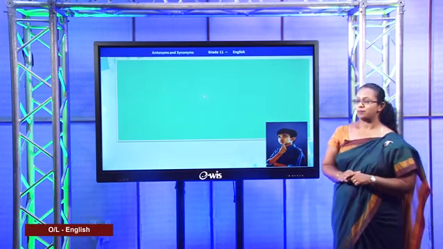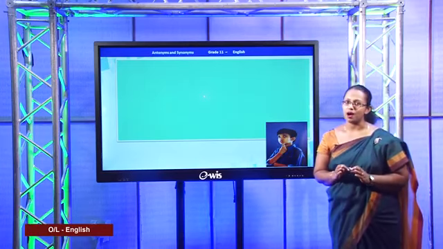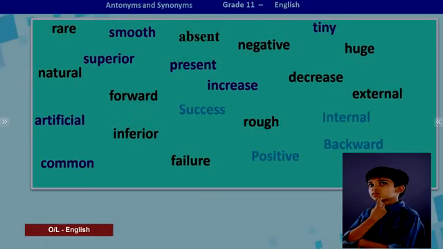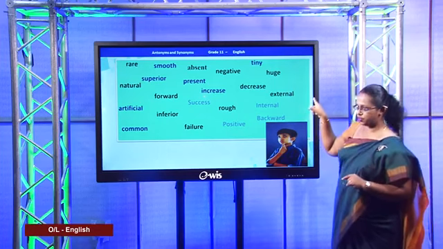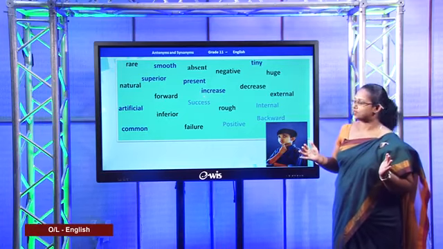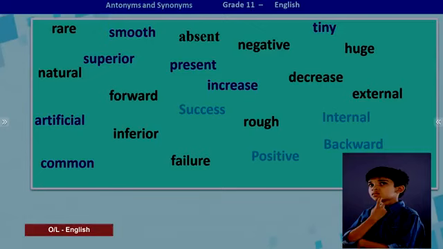So now we are going to help him. How? Here are the words he got jumbled. We have to help him by arranging them in pairs. I'll do one for you. Let's take the word huge. Huge. And I need to find out the word opposite in meaning to huge.